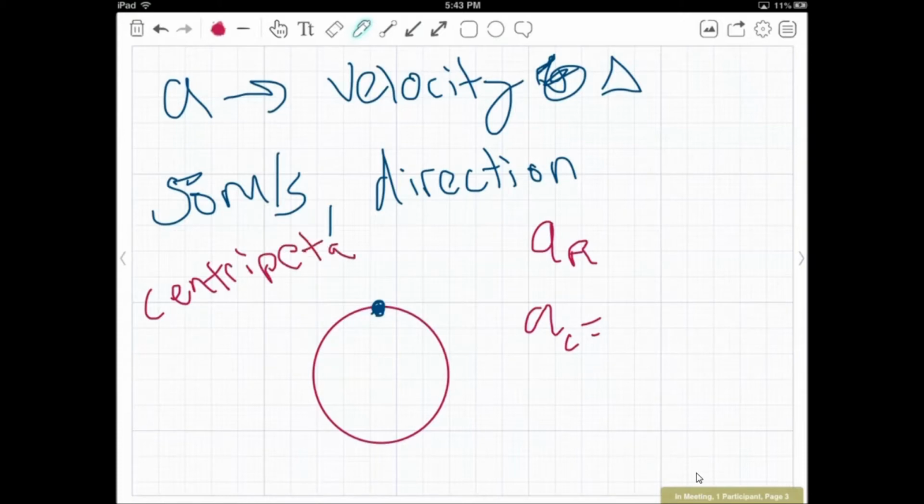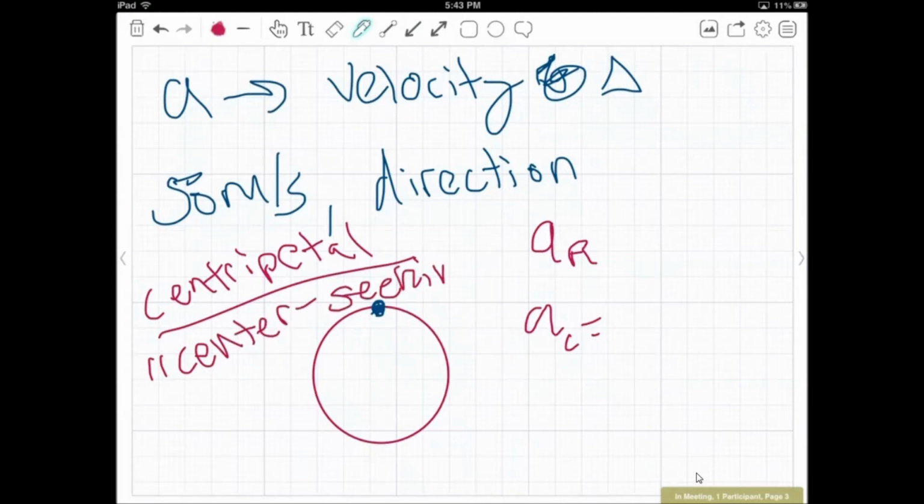Centripetal, not centrifugal. It's different. This means center seeking in Greek or something. Doesn't matter. The centripetal acceleration of an object is equal to its velocity squared divided by the radius of the circle it's traveling in.